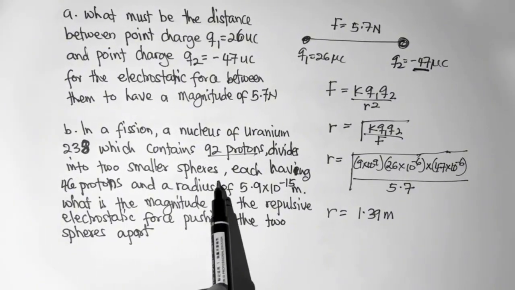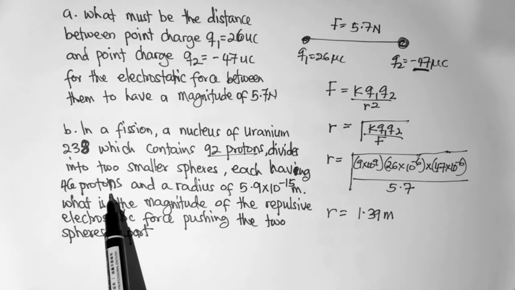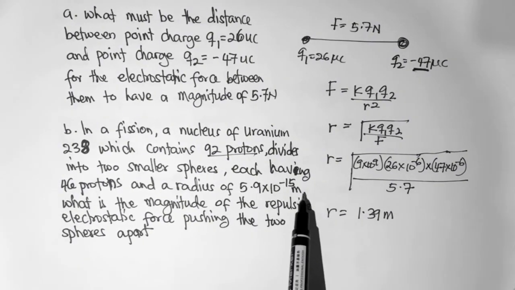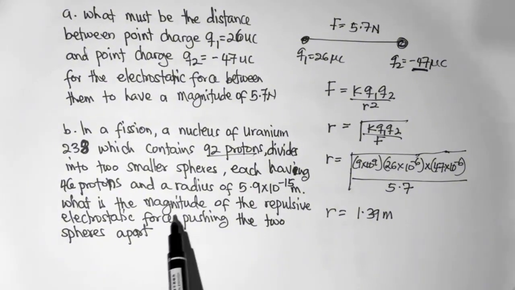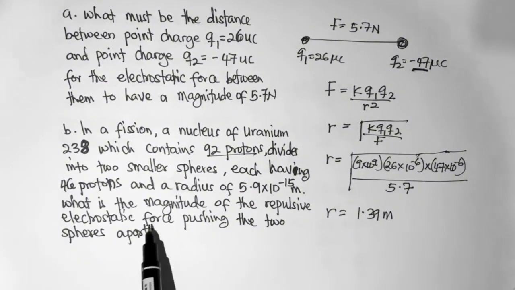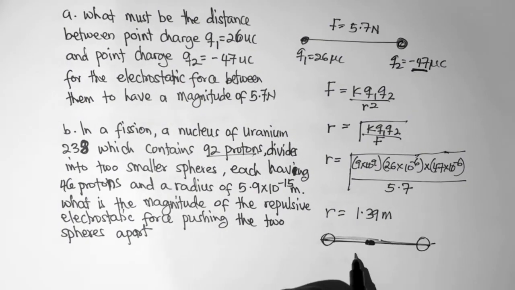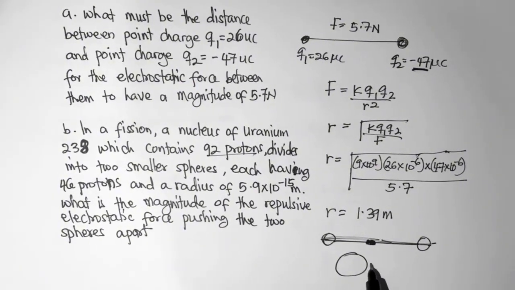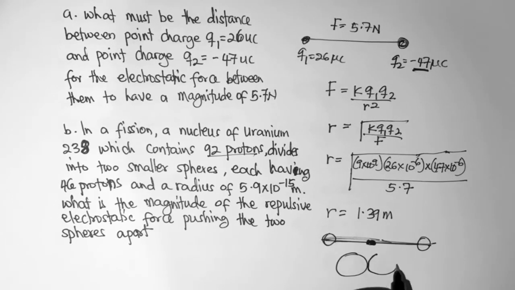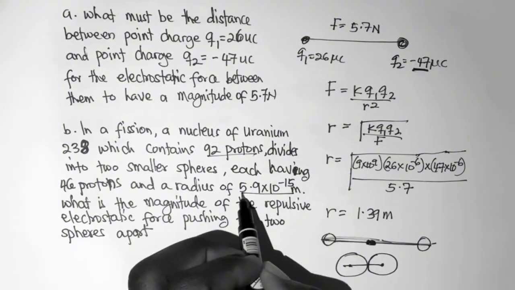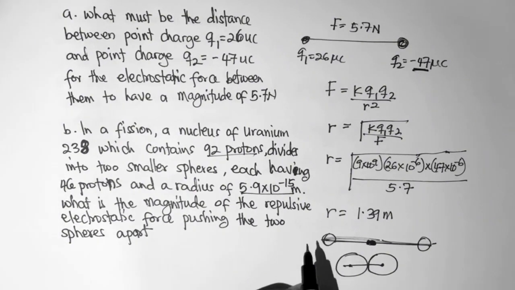The second part says that in a fission, a nucleus of uranium-238, which contains 92 protons, divides into 2 smaller spheres, each having 46 protons, and a radius of 5.9 times 10 exponent minus 50 meters. What is the magnitude of the repulsive electrostatic force pushing the 2 spheres apart? So we have 2 spheres here, and the radius of each sphere is 5.9 times 10 exponent minus 50 meters.